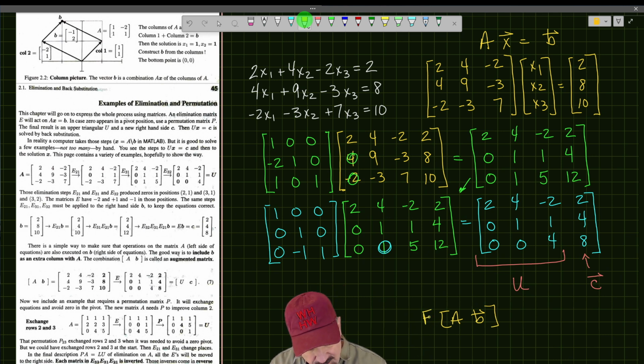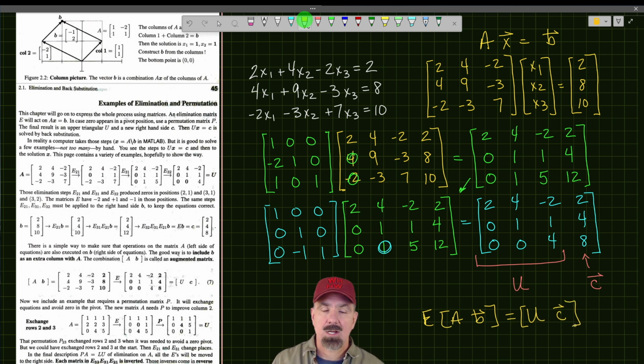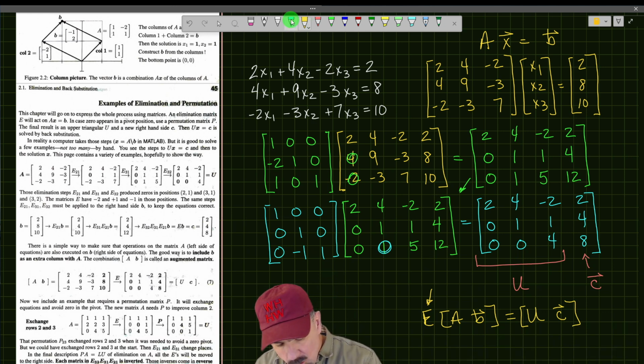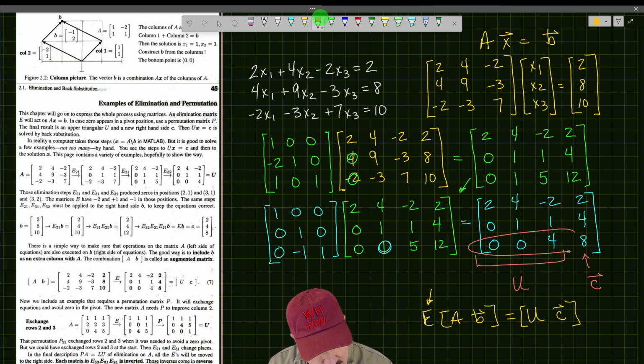Then we applied all of the elimination matrices, and the result was the UC matrix. Recalling, E is the product of all of the elimination matrices. And now, every row is an equation. It always is.